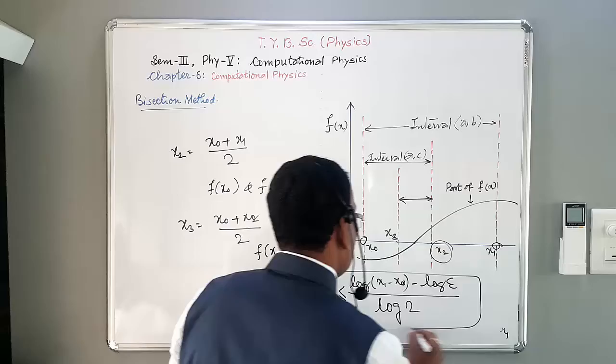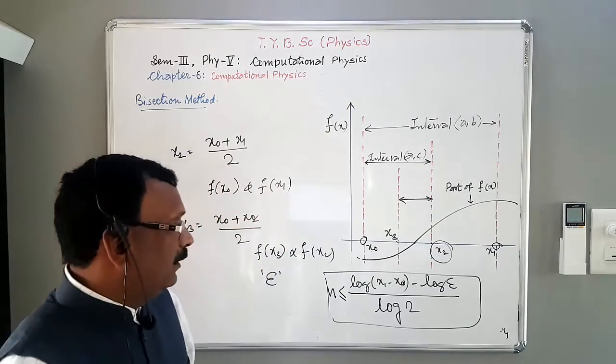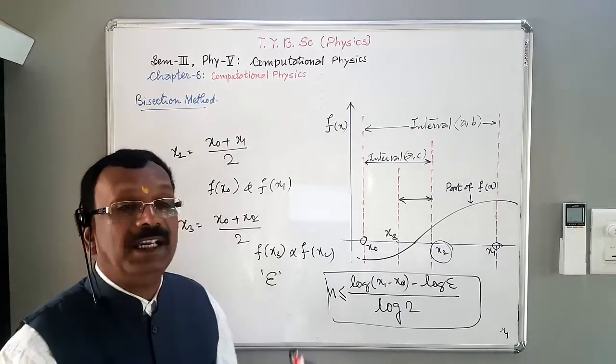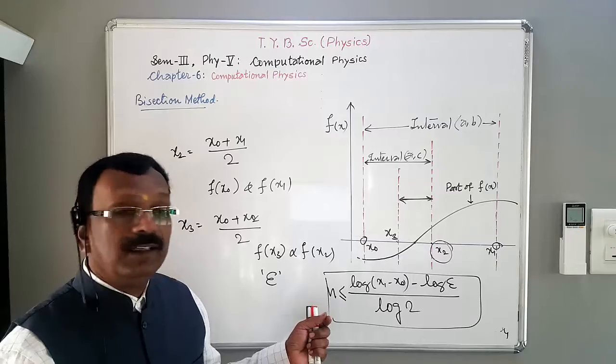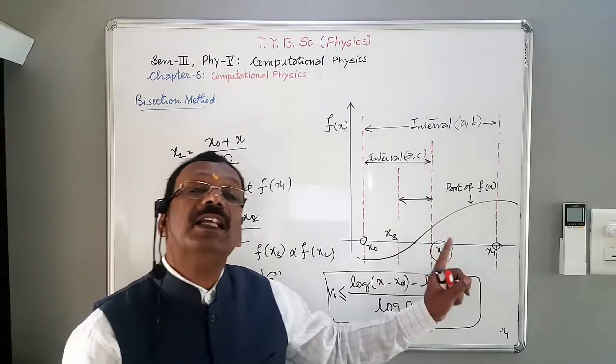This is a very important formula, where n is the number of steps or iterations required and x0 and x1 is the interval taken.